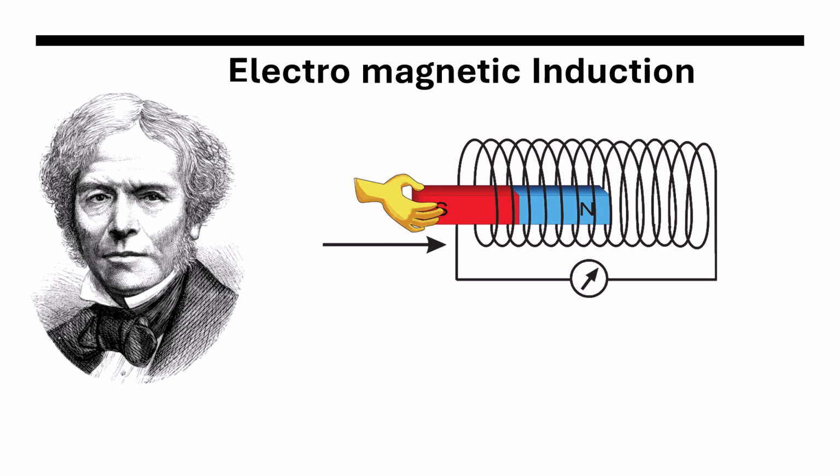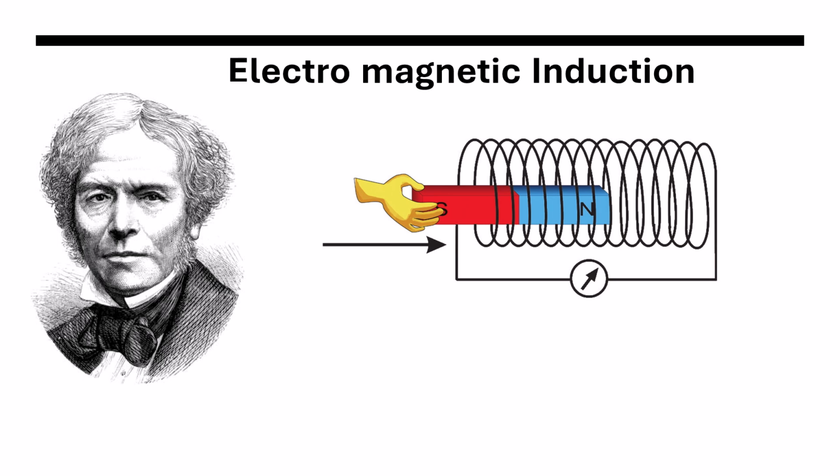This can be done by either moving the magnetic field around the conductor or moving the conductor in the magnetic field. So Faraday's law describes the relationship between a changing magnetic field and induced electromotive force. The induced EMF is proportional to the rate of change of magnetic flux.